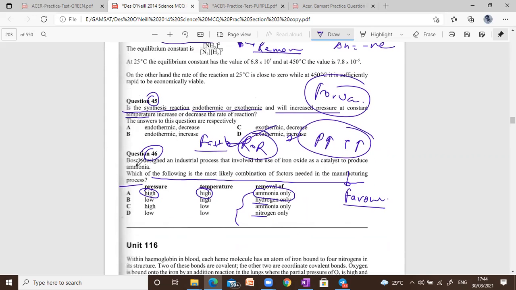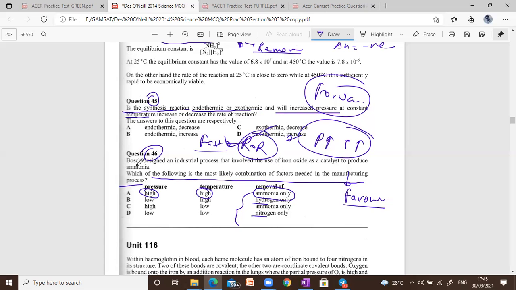Please tell me. No, temperature should be high. Listen, whenever the question is related to rate of reaction, not the direction of equilibrium, because the manufacturing process is a different thing and equilibrium direction is a different thing. Whenever it is the manufacturing condition or rate of reaction condition, temperature must be high.